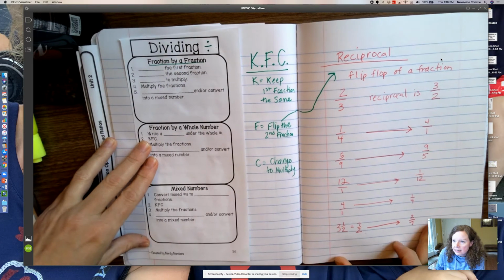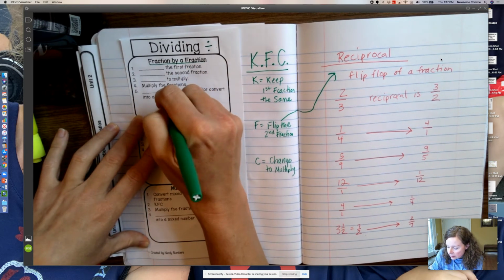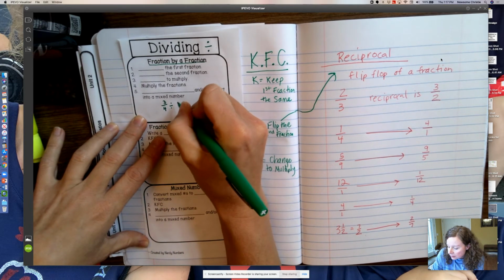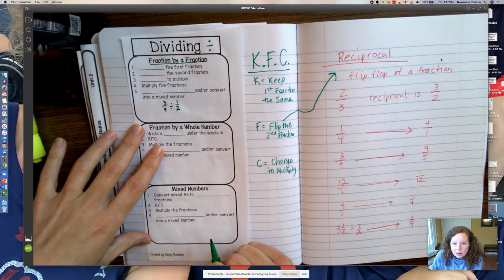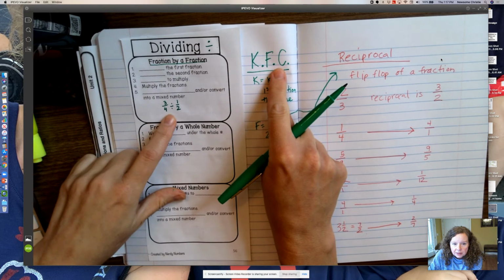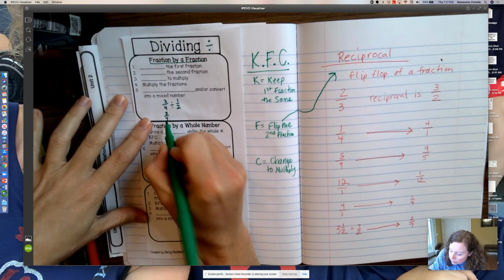So let's imagine that our problem to begin with here was 3/4 divided by a half. Okay, so if that's our problem, well, the way that we work that is KFC. Keep the first fraction the same. So that's going to be 3/4.